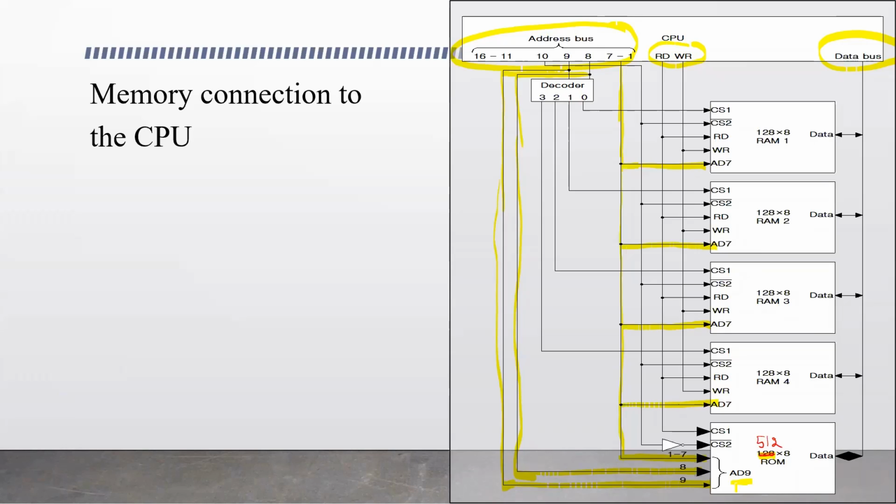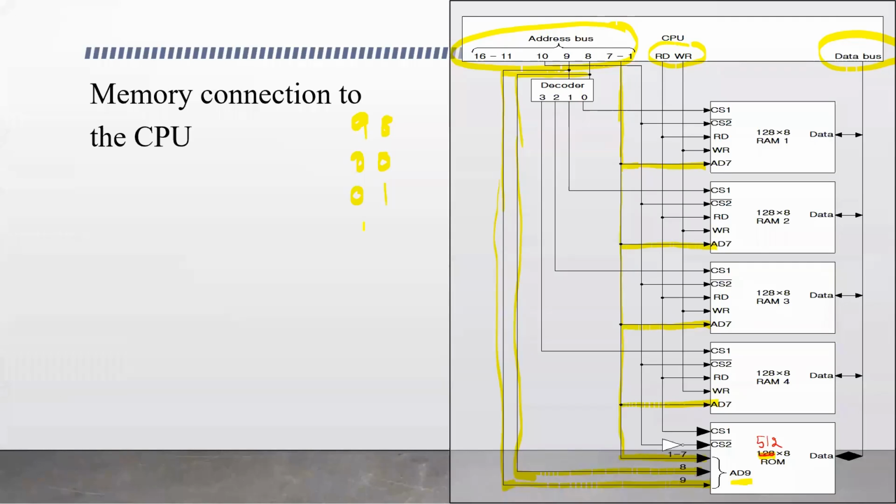And here, for these RAM chips, the 8th and 9th bits may be 0, 0, or 0, 1, or 1, 0, 1, 1.